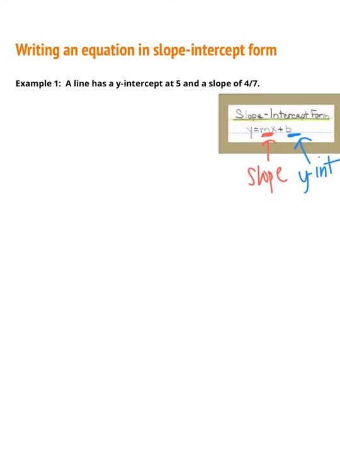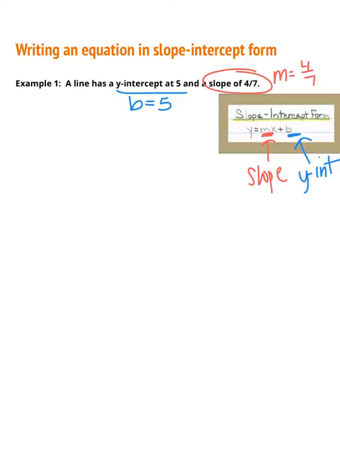All right, let's get started. First example, it says the line has a y-intercept at 5. I'm going to write a note: that is actually my b value. And the slope is 4/7. So that's my m value, 4/7.